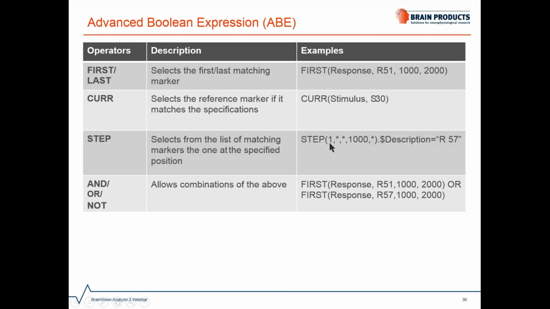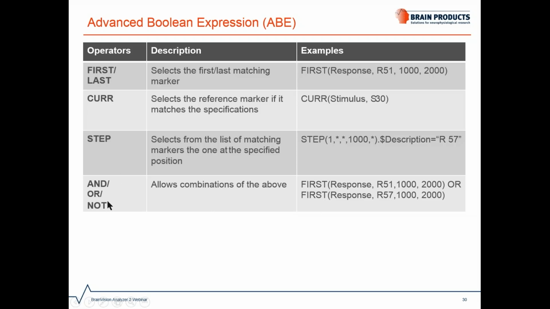You would jump one step forward to a marker of any type, of any description, in a search window from 1000 milliseconds after the reference marker, with open end, and at that marker you check the description and check if it's R57. If it's R57 that trial will be selected. If it's not R57 it won't be.